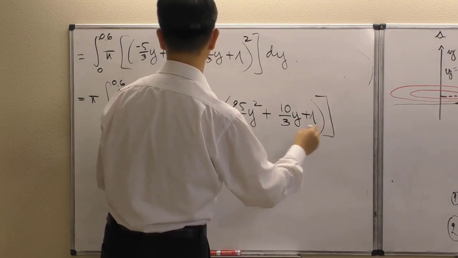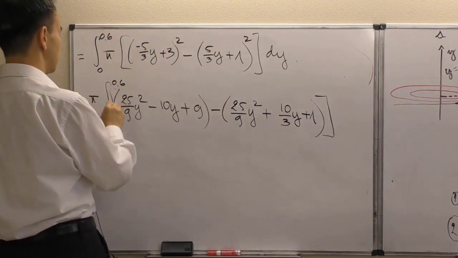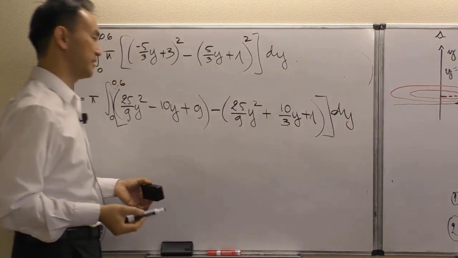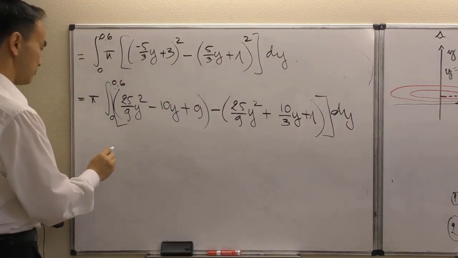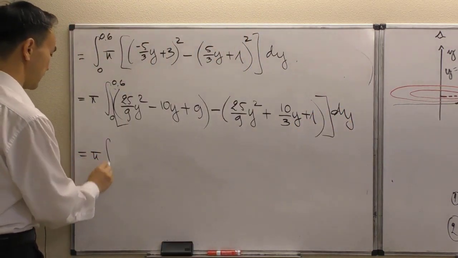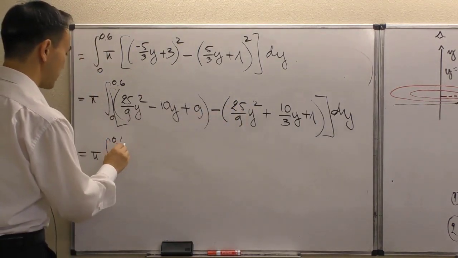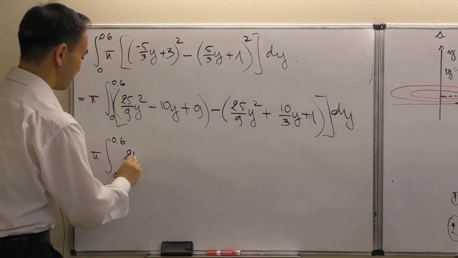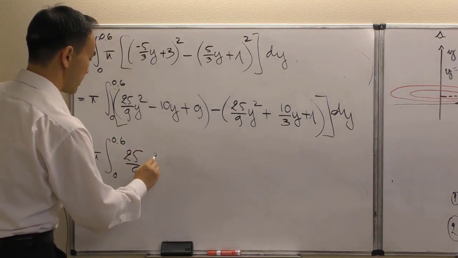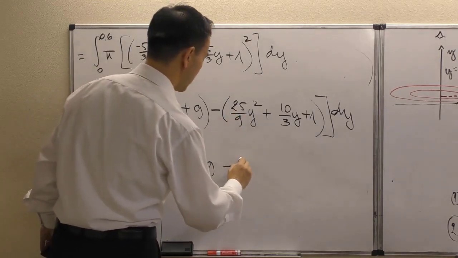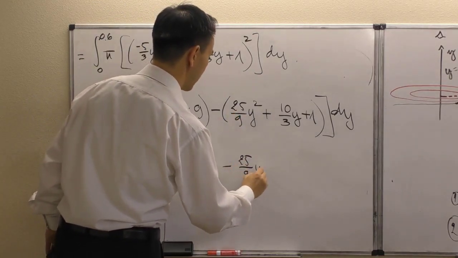Okay. And I'm going to have to combine like terms and all that, but this is dy right there. Okay, and so I'm going to go ahead and combine like terms. So pi here, and taking out the parentheses and combining like terms, 0 to 0.6 right here, that gives me 25/9 y squared minus 10y plus 9. I'm subtracting the 25 over 9 y squared.